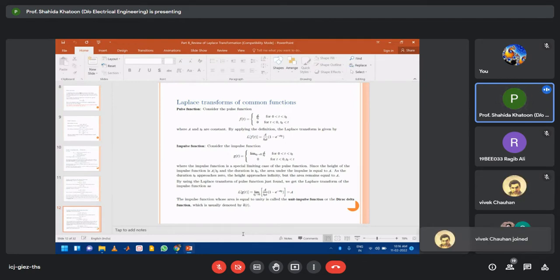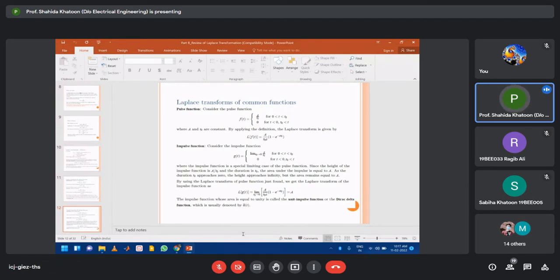This is a pulse function, and the impulse function is a limiting case of the pulse width. If you have a very infinitesimally narrow pulse, then it is called an impulse function. It is described by a function g(t) where the limit t naught tending to 0 of A upon t naught. So the limiting case is that the pulse has zero width and infinite height, right?